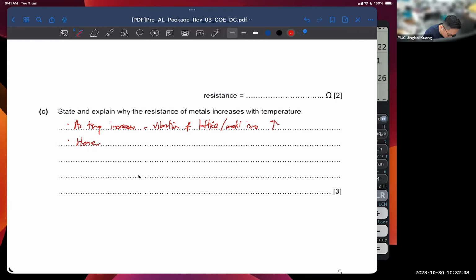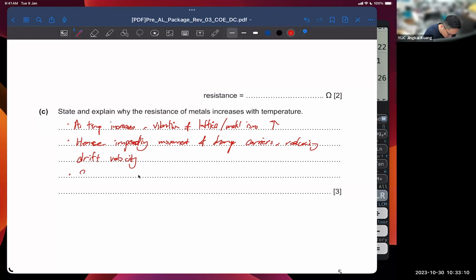Hence, impeding movement of charge carriers, reducing drift velocity.